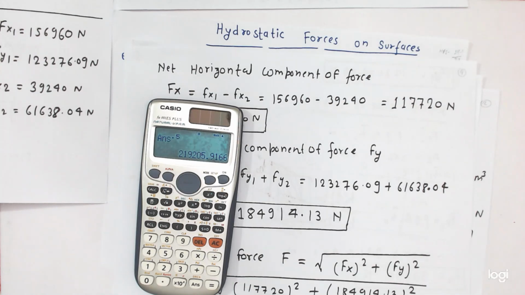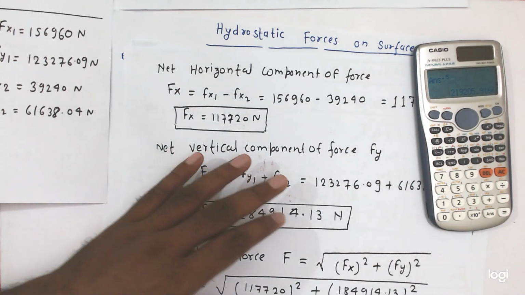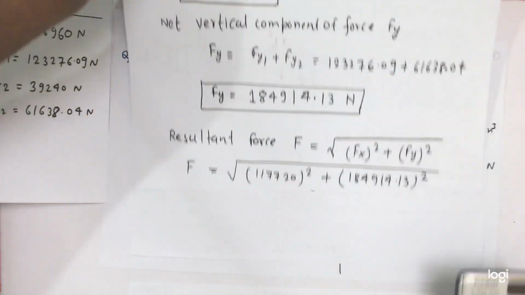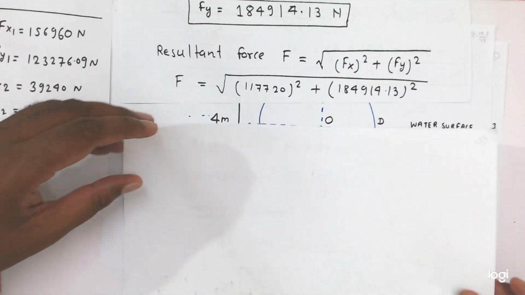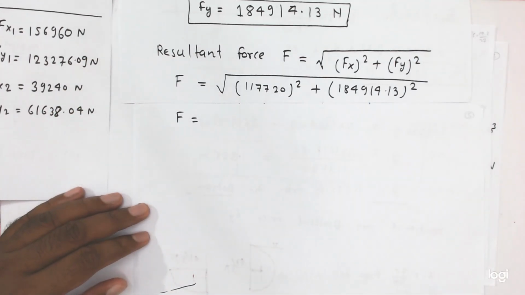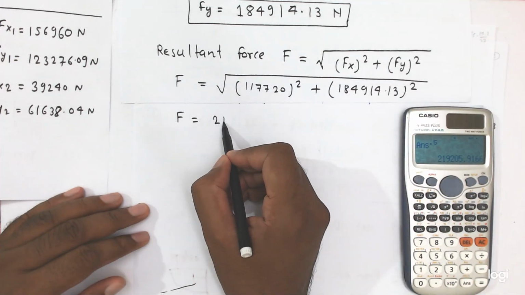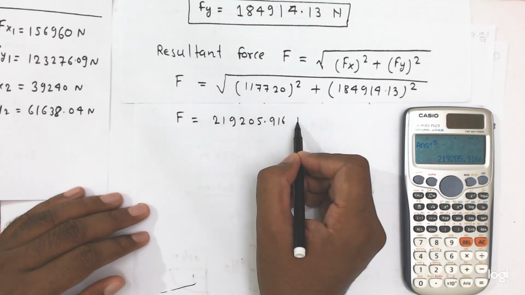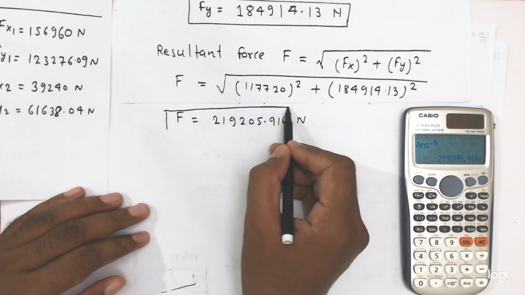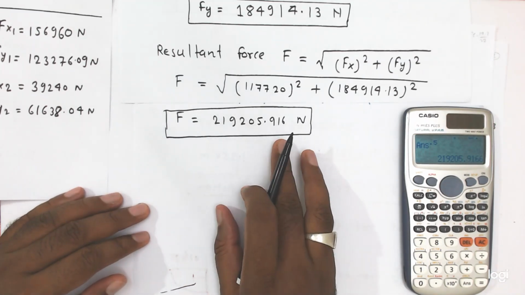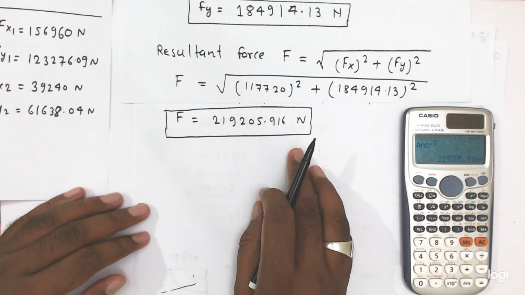So friends, it will come around the resultant force F equal to 41920.916 Newton. This is the resultant force, or we can say this is the magnitude of the resultant force. Okay friends, this is the magnitude of the resultant force. Getting?